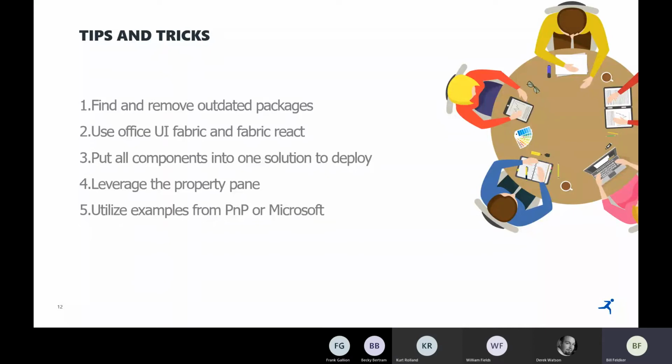Put all components into one solution to deploy. So if you're deploying a solution to a customer, and you have a couple of custom web parts and you're also going to build an extension, put all of that into one solution versus deploying it as 3 separate solutions. Then all your node modules are combined into one node_modules folder versus having 3 of them.